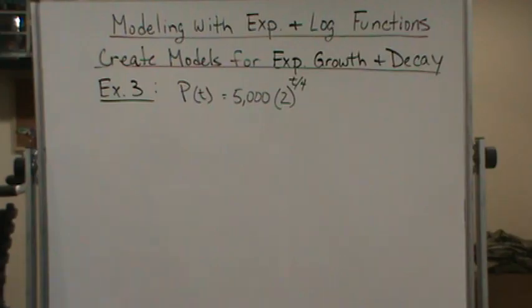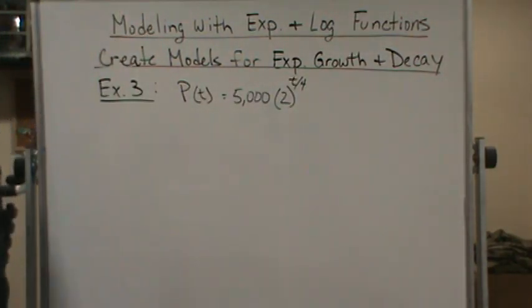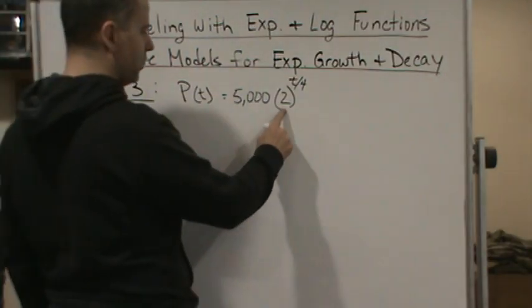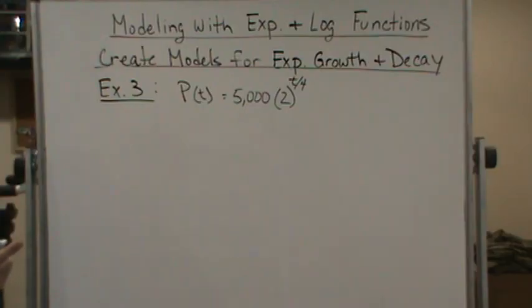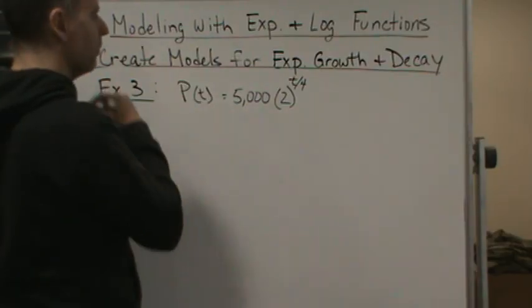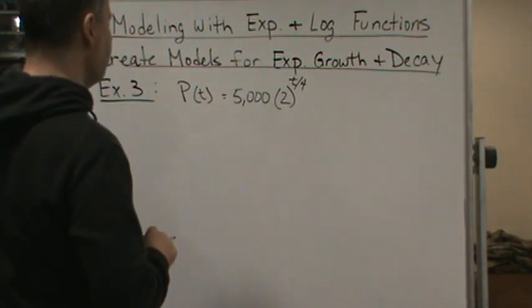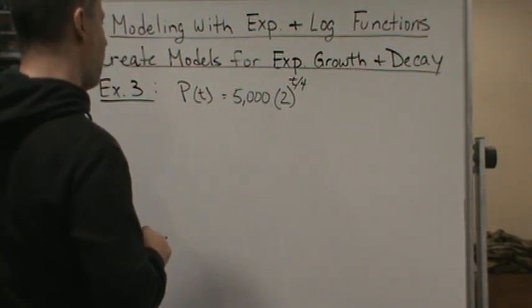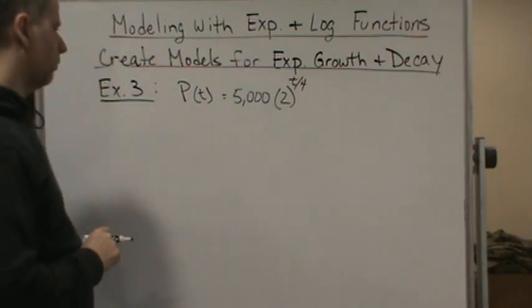function using base E. So what we want to do is rewrite this rule, right? But instead of having a base of 2, we want to have this written as a base of E. So how would we do that? Well, let's start by seeing how we could do that. Okay.